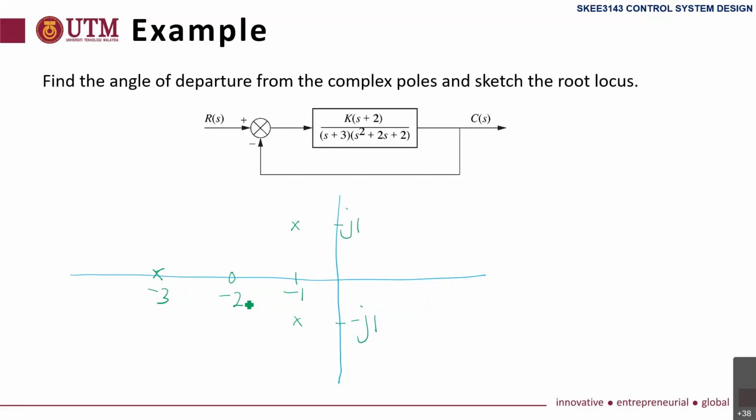How to determine the root locus on the real axis? What is the step?